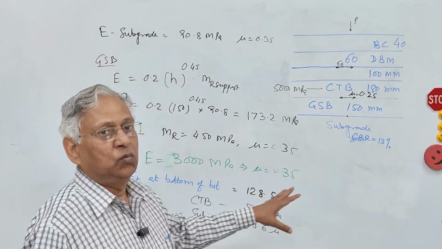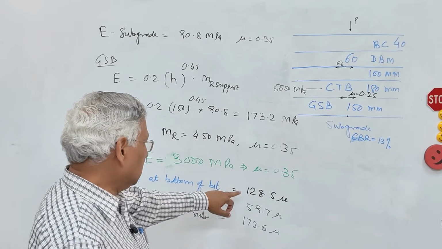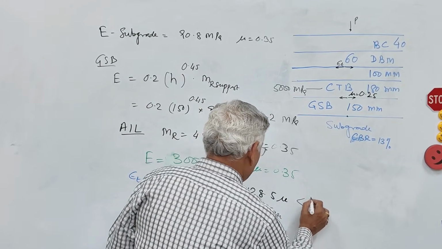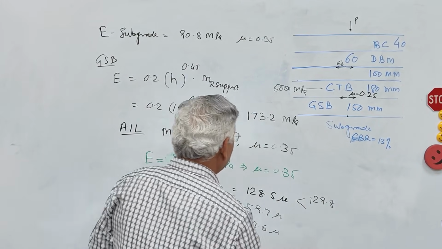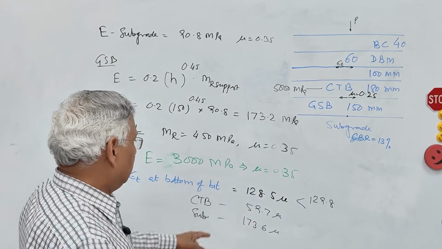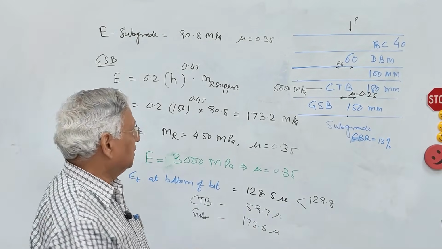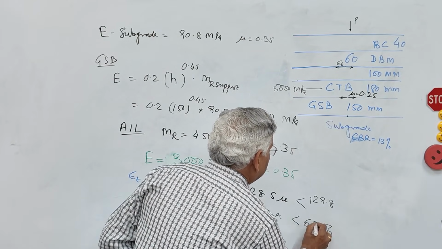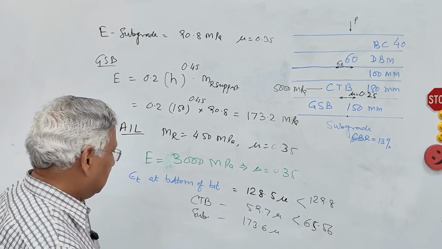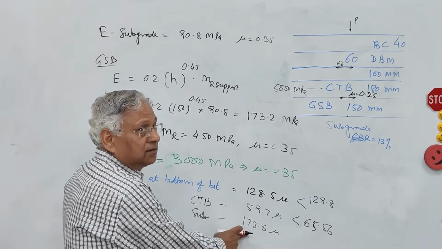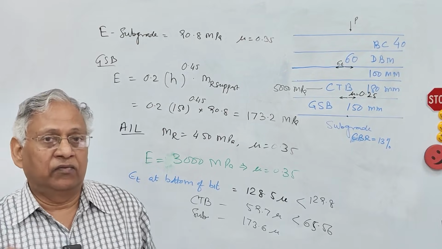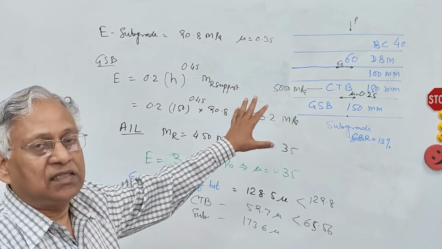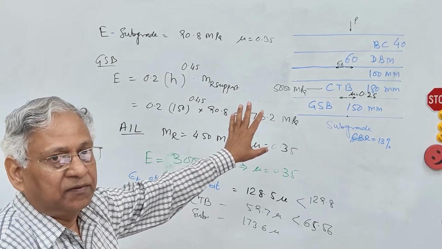Compare these values with allowable strains. This value 128.5 is less than the allowable strain, which was 129.8 micron. This value 59.7 is less than 65.56, which you calculated for the CTB layer, and this is less than 301 for vertical compressive strain at top of subgrade. That means the trial section which you assumed initially is safe.